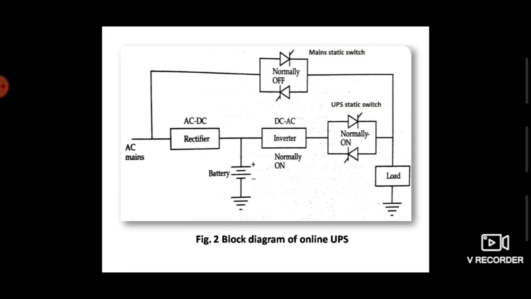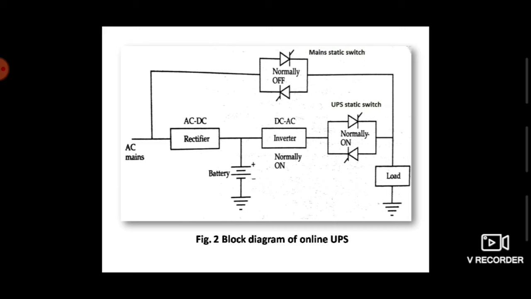Now, in this circuit, initially the UPS static switch is on and the critical load is fed by the AC mains through the rectifier and inverter circuit.